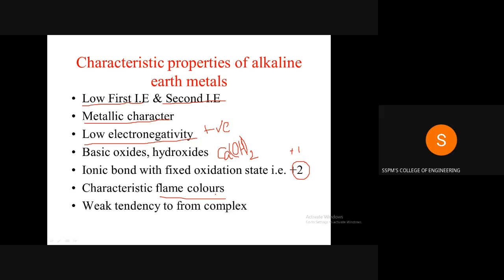For group 1, an example is sodium hydroxide. So the elements are different but the properties are the same. Electronegativity of sodium relates to group 1, and electronegativity of calcium relates to group 2.